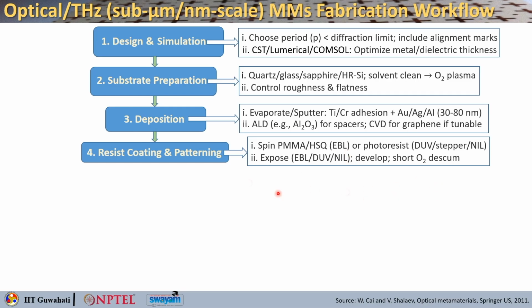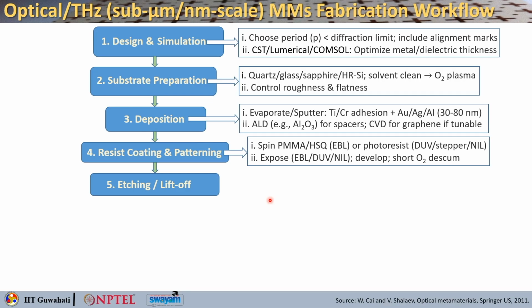So, you can actually use both for electron beam lithography, and the photoresist you can use for spin coating methods also. Using the spin coating method, you can use it for deep UV or stepper or nano imprint lithography.